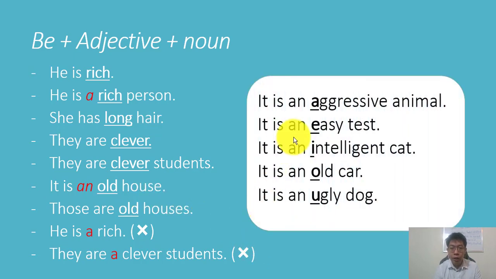Okay, and some more information about the article an. We use the article an in front of a, e, i, o, u.